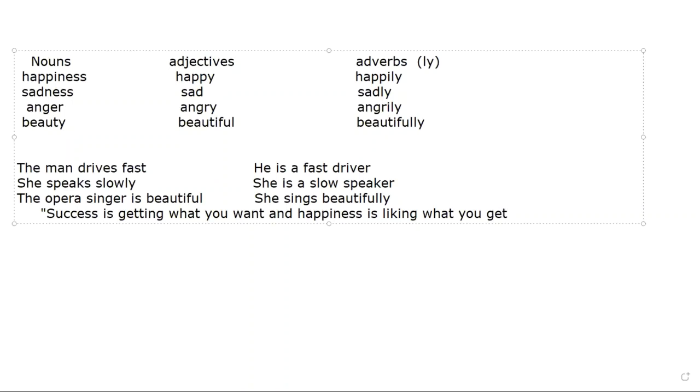And then you will probably see that this is the verb like in gerund, not in continuous, in gerund. So success is a noun. Happiness is a noun. Want is a verb. Get is a verb. Like is a verb.